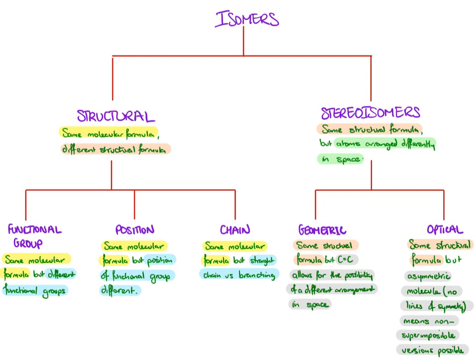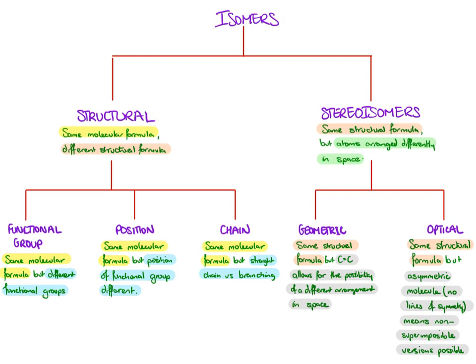It isn't automatic: just because something has a carbon-carbon double bond, it doesn't mean it definitely has geometric isomerism. But if we do see a carbon-carbon double bond, we should check whether it has geometric isomerism.